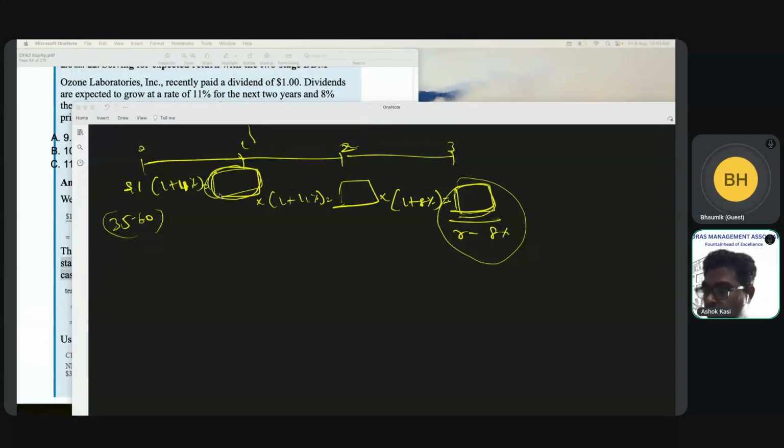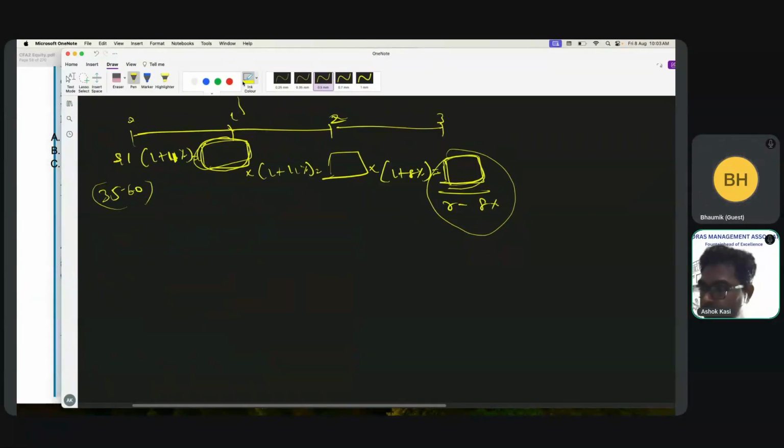How much is this number coming now? 1 into 1 plus 11 percentage, 1.11. And this number, 1.11 into 1 plus 11 percentage, 1.2321.